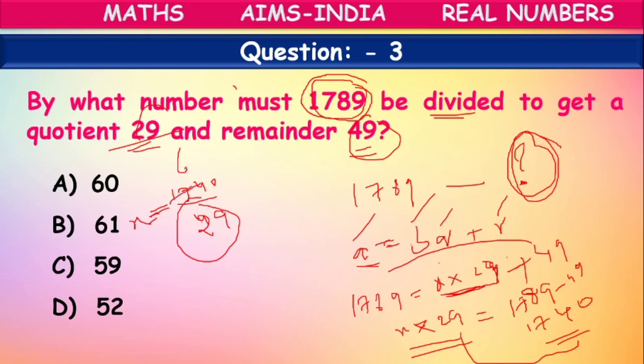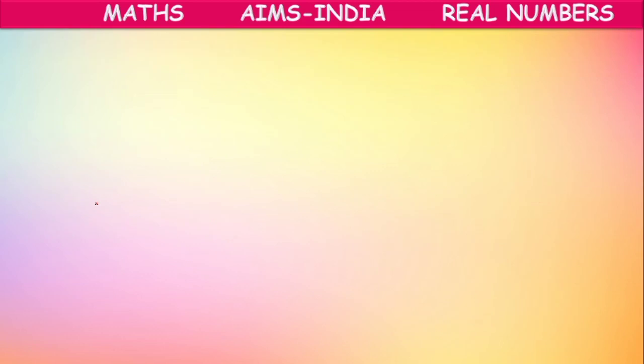So 29 6 times are 174. 29 0 times are 0. So 60 is the answer. So in the place of B, 60 should be there. Our divisor is 60. 60 is the correct answer.